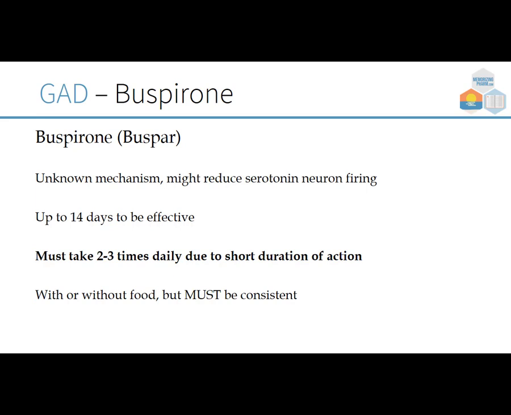It might affect serotonin. It can take up to 2 weeks to be effective, but certainly much quicker than the 2 to 3 months. It has to be taken a number of times a day, which is somewhat difficult for some patients. And we want to be consistent. If you take it with food, continue to take it with food. If you take it without, take it without. But that will affect its ability to do its job.